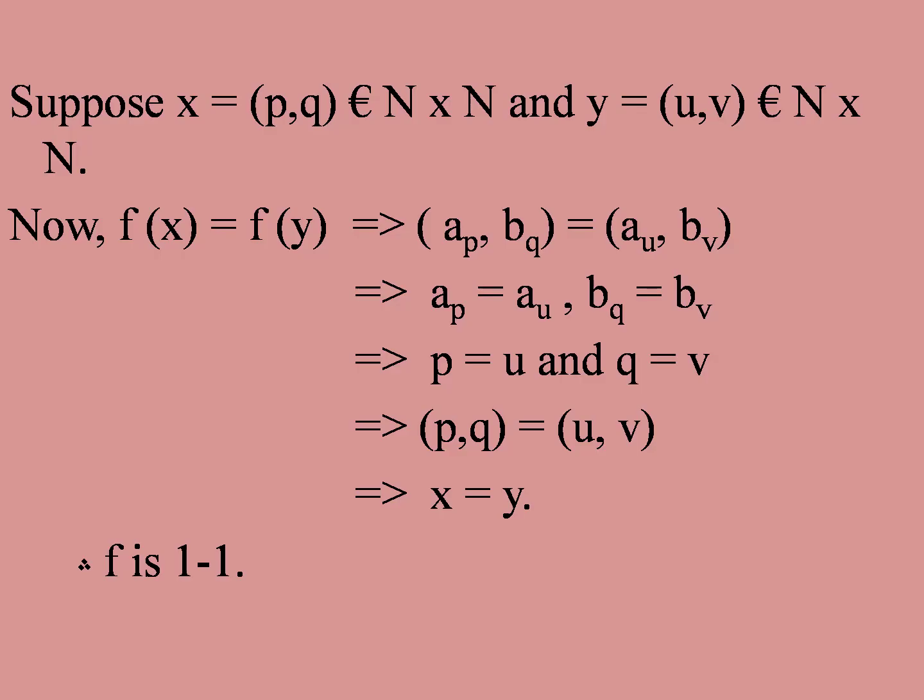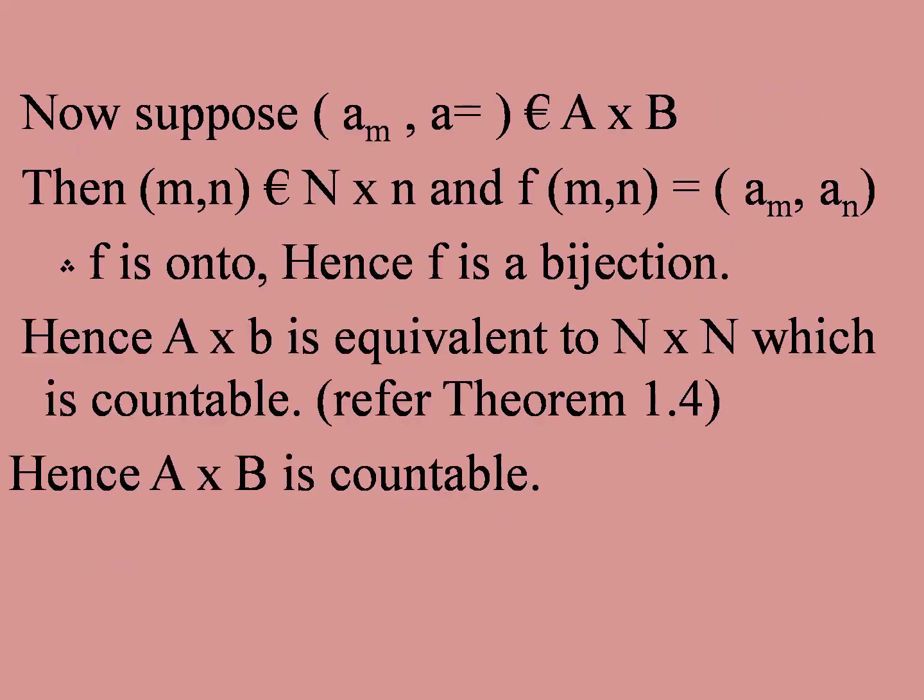So ap equal to au, bq equal to bv. So if the two elements are equal, then the subscripts are the same: p equal to u and q equal to v. So we get (p, q) equal to (u, v). (p, q) is x and (u, v) is y. Therefore, x equal to y. Hence f is one-one.